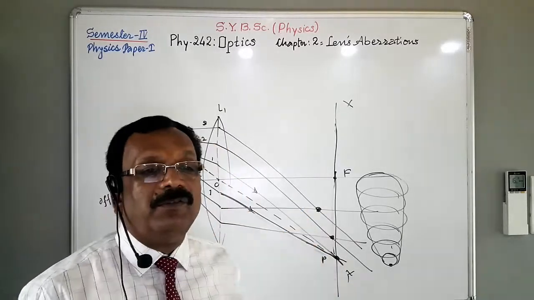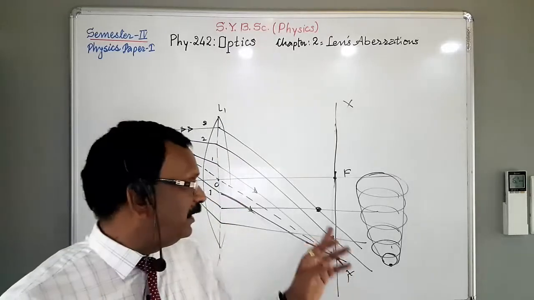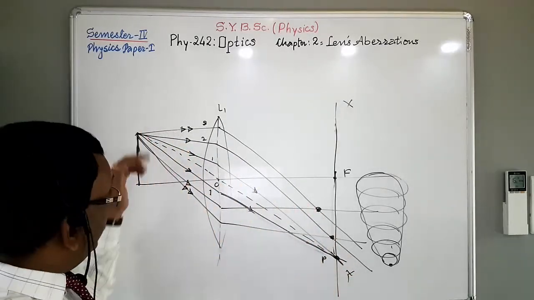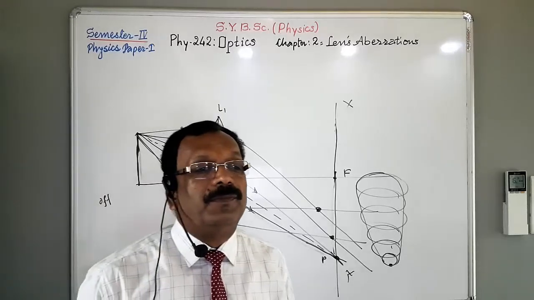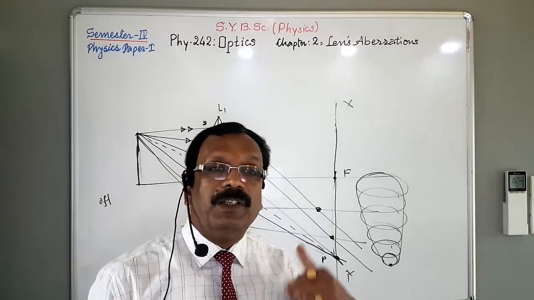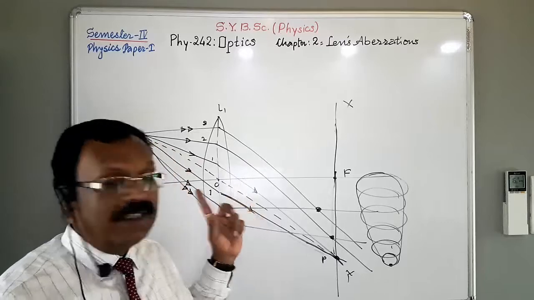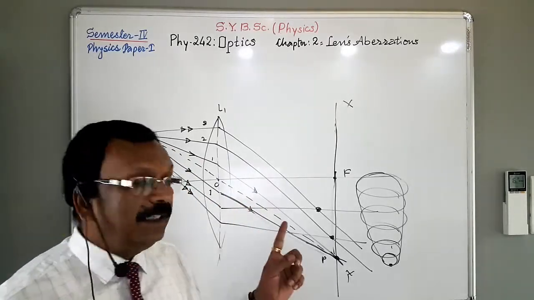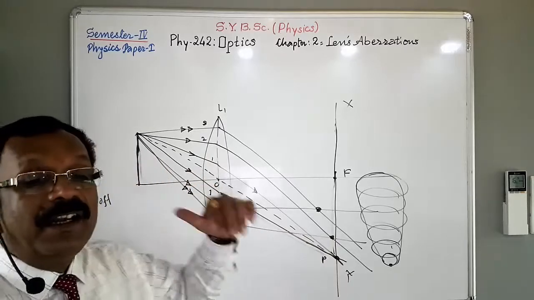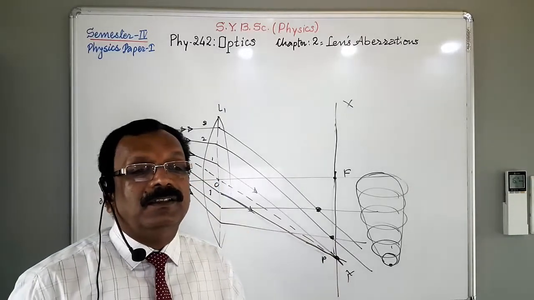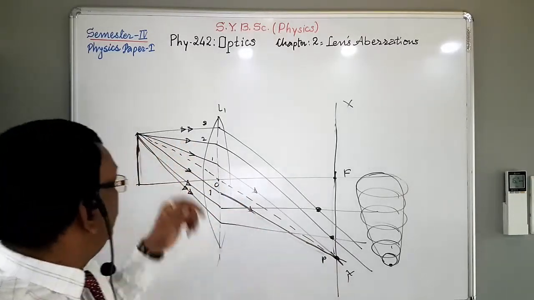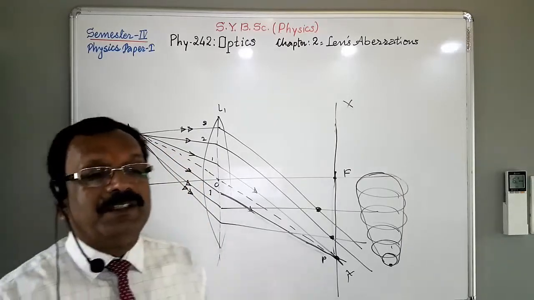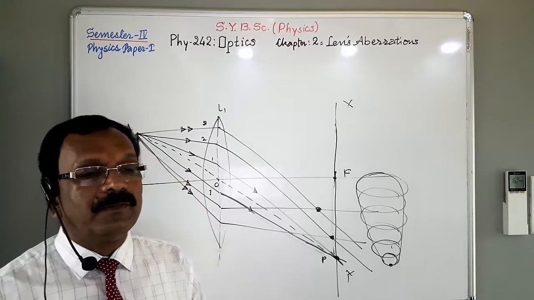So this figure illustrates the presence of coma in the image due to a point object situated off the axis, not on the axis of the lens. In order to understand this coma produced by the lens, consider different rays originating from a single point A.